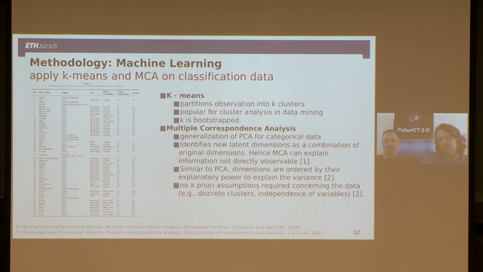And the nice feature is that one does not have as many a priori assumptions as in k-means. So one, for example, does not have to specify the clusters. And what multiple correspondence analysis actually does is identify new latent dimensions, which are, in our case, a combination of these attribute values. So it could identify some patterns in the data not seen before.